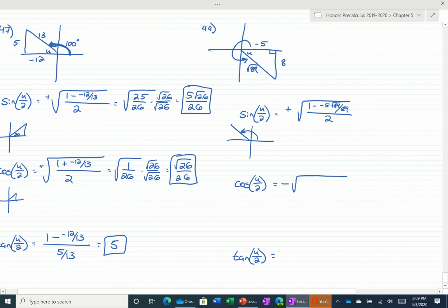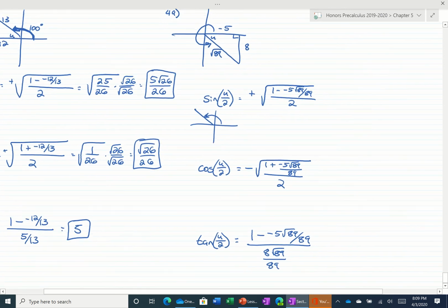Cosine would be the square root of 1 plus the cosine, negative 5 root 89 over 89, divided by 2. And then for the tangent formula, it doesn't matter which one we use. I'll use 1 minus the cosine divided by the sine. Okay, so let's see if we could simplify this here.